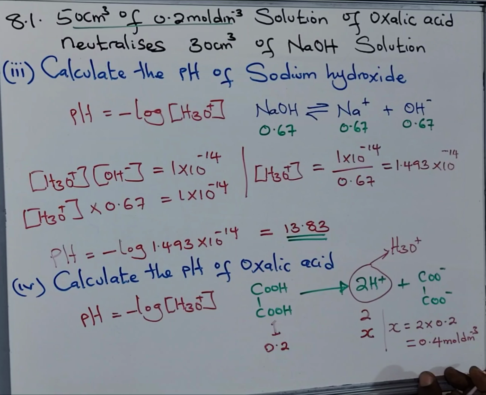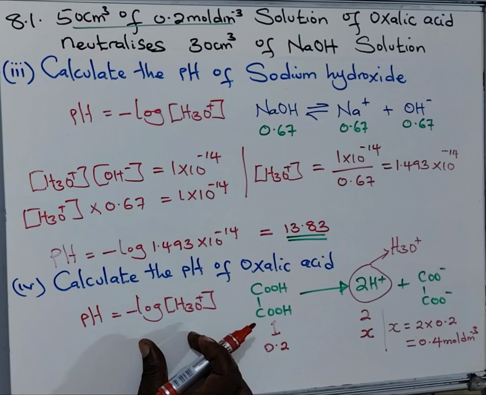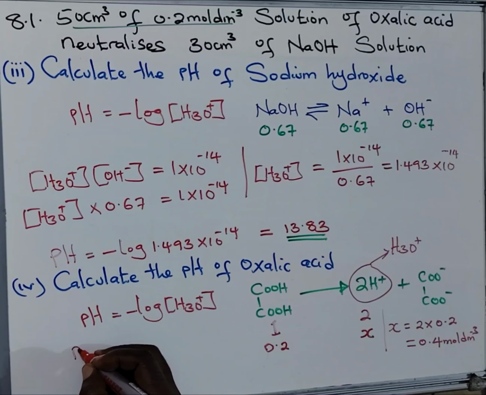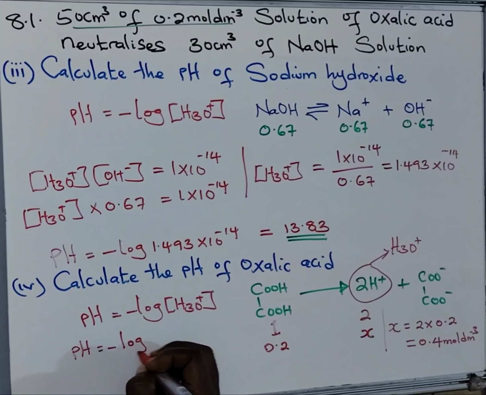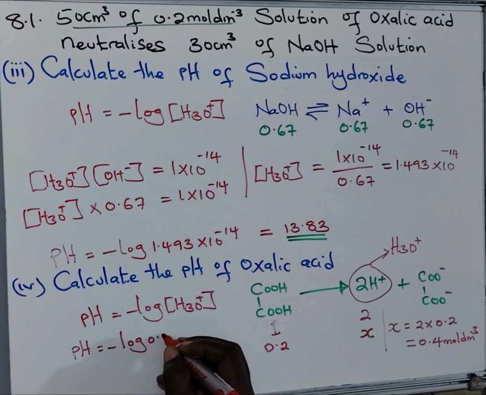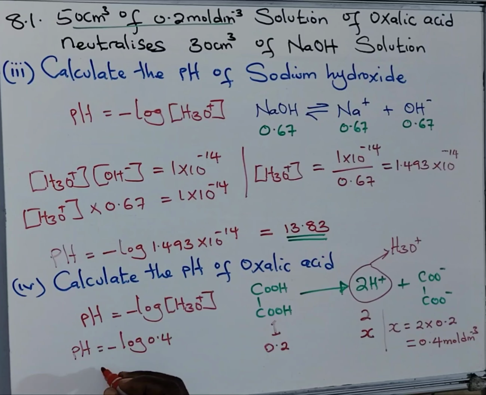So after getting these moles, what do we do? We substitute them here. We are going to have pH is equal to negative log 0.4, giving us, so our pH is this. It is 0.4 for oxalic acid.